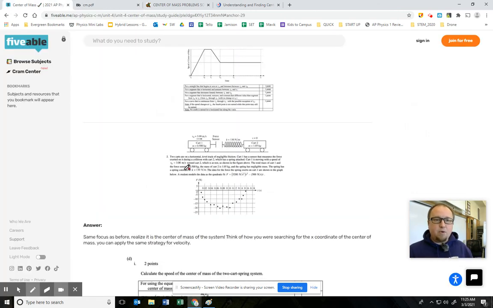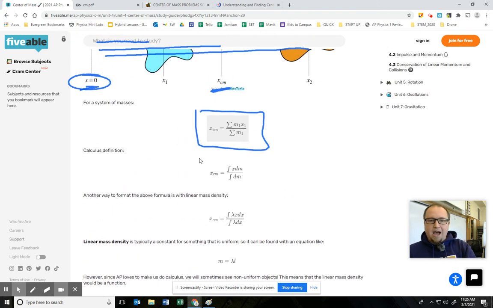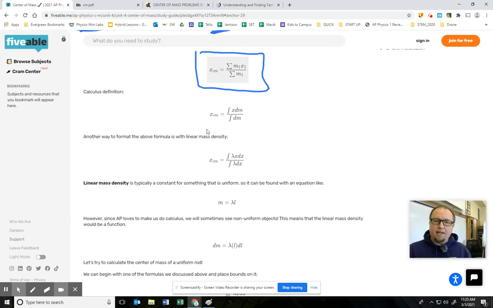Now, the calculus portion of this is how to tackle what if it's not uniform density. And so that is where you would apply the idea that the total of the masses, the integral of dm, equals the integral of x dm, in other words, the positions of the masses.